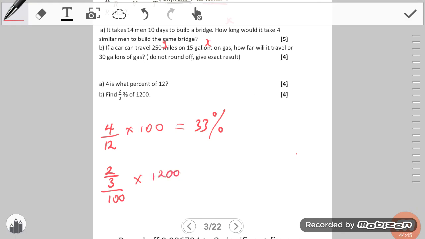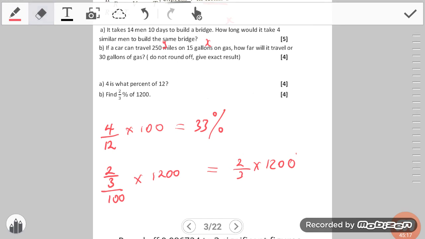The mistake that a lot of students make is that they say 2/3 multiplied by 1200, and they completely forget that 2/3 is a percentage represented as a fraction, and remember that percentage is out of 100, so you still have to divide by 100. What you can do though, you can say 2/3 multiplied by 1200, and then you're going to divide the result that you get by 100 once again.